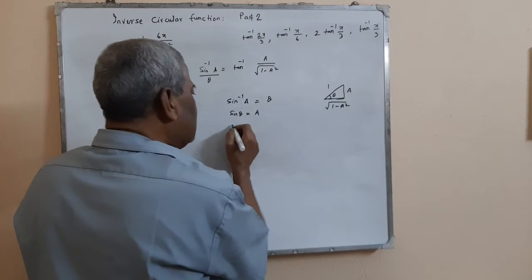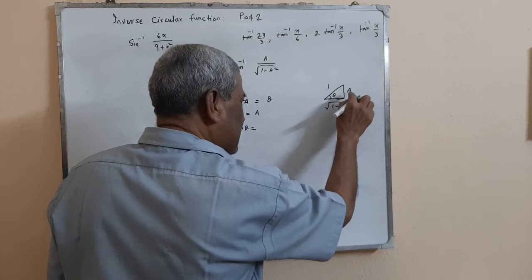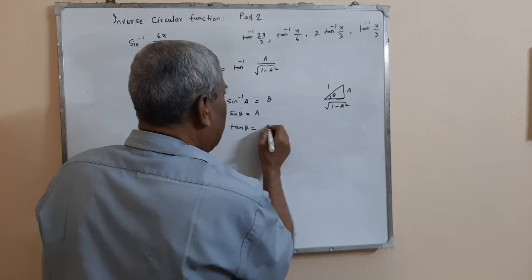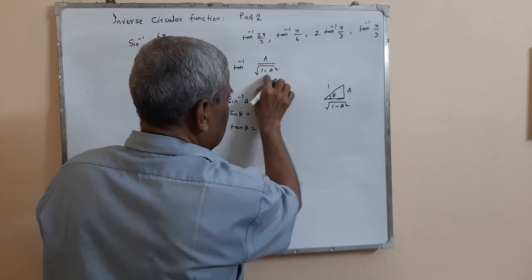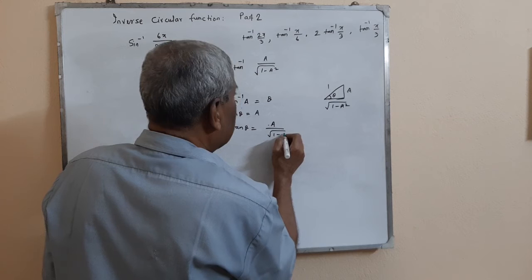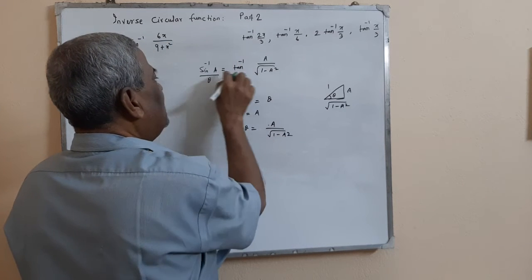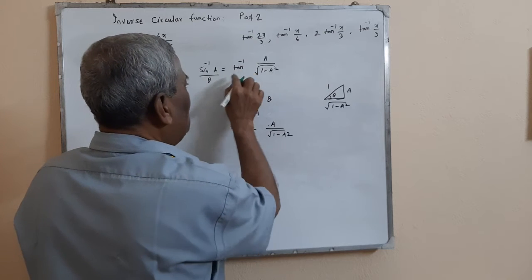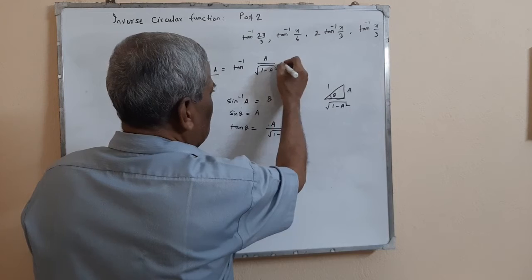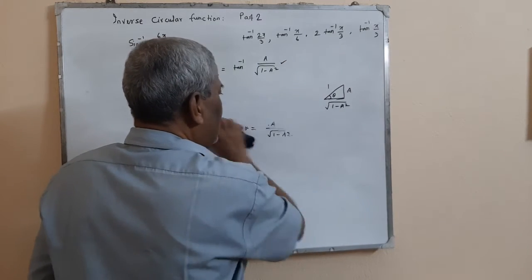So tan theta is height by base, that is A divided by root over of 1 minus A square. Hence theta is equal to tan inverse of that.